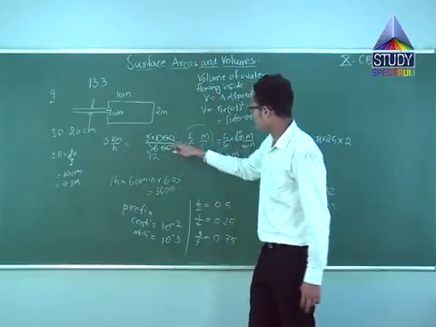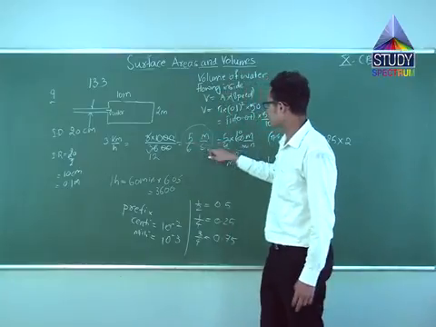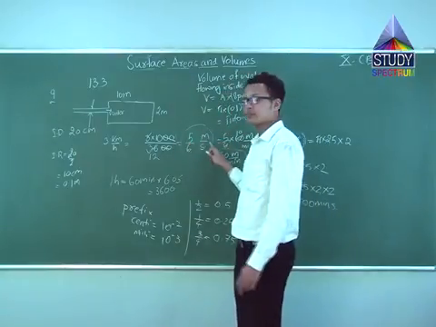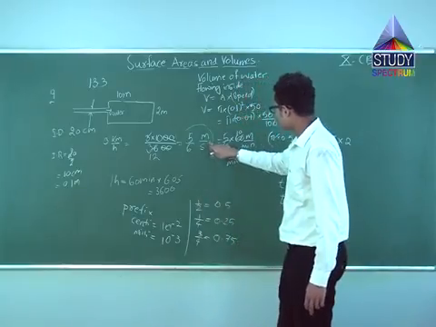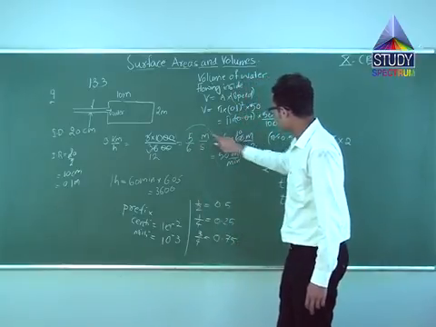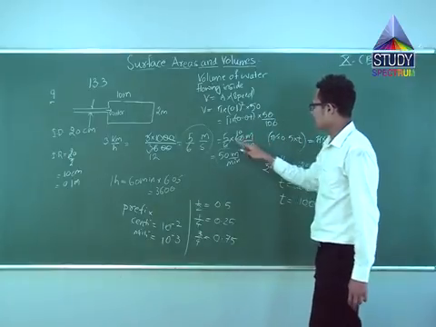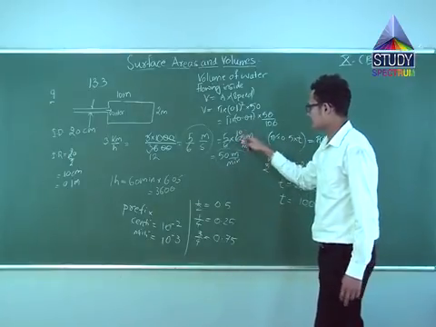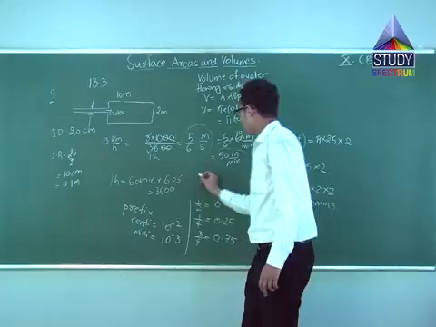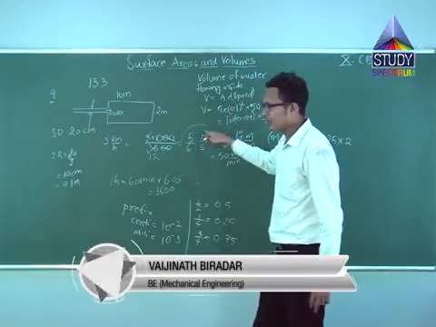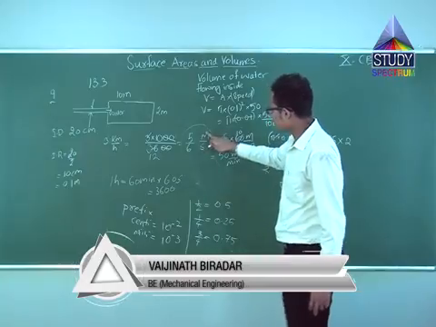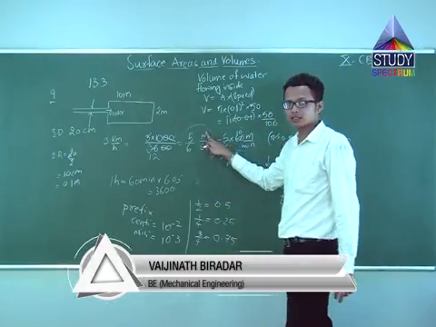When you do that, you will have 5 by 6 meters per second as velocity. Now I have converted this meters per second into meters per minute just by multiplying by 60.